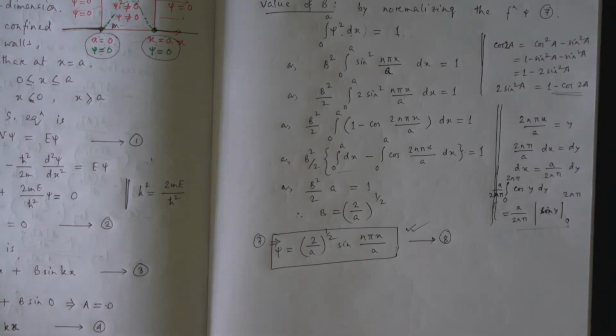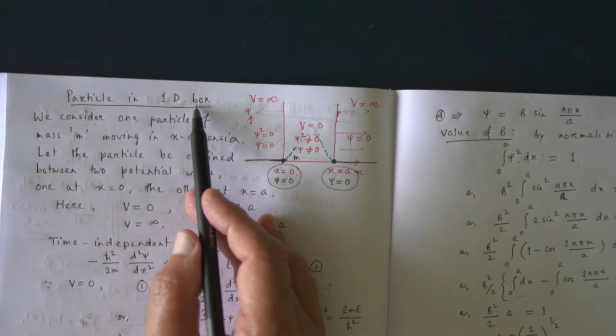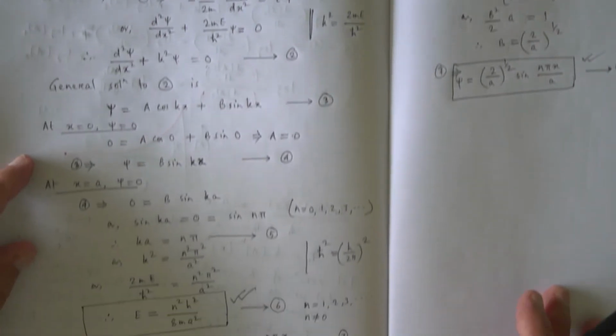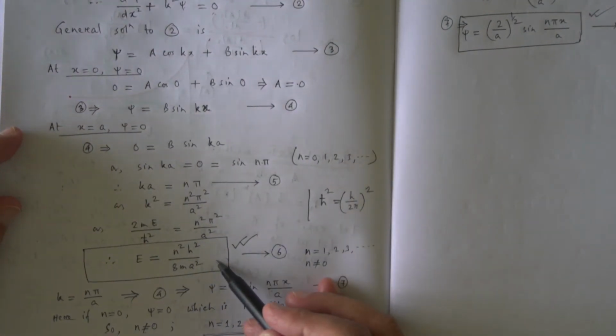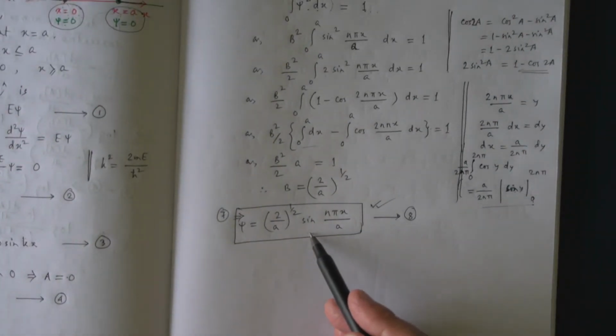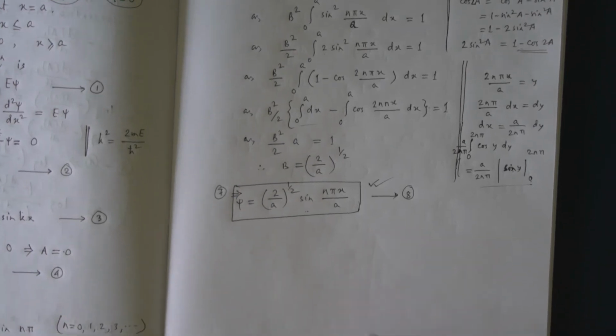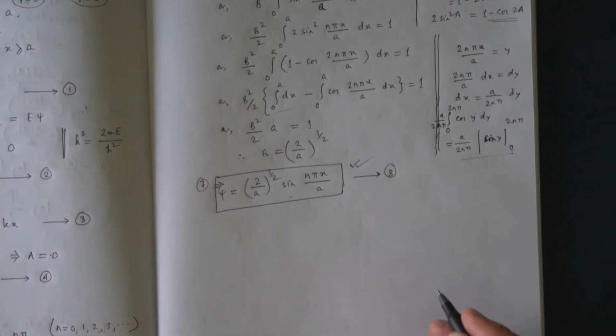I repeat, by solving the Schrodinger equation for particle in one-dimensional box, we have got two things: one is energy, the other is the wave function. Now what is the significance of the energy expression?